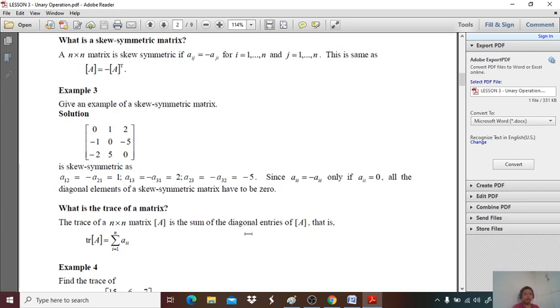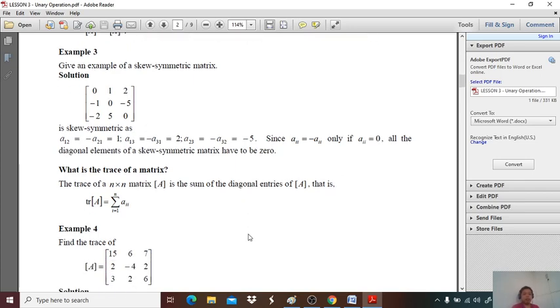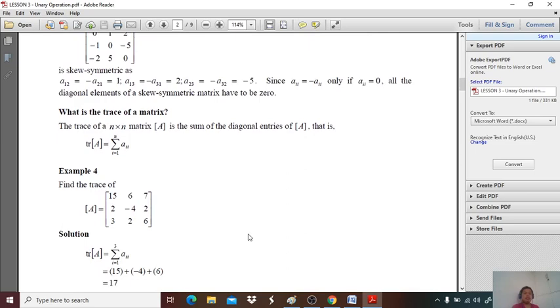Next, what is the trace of the matrix? The trace is just the sum of the diagonal entries of the given matrix. So the trace of A is just the summation of the diagonal entries of the given matrix.